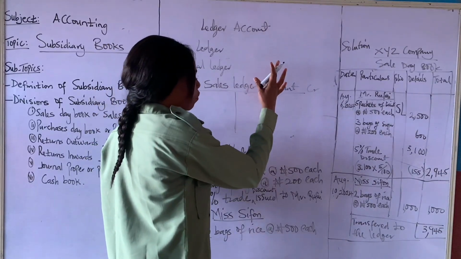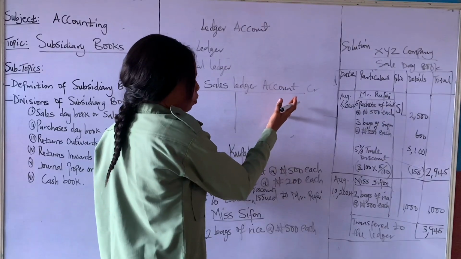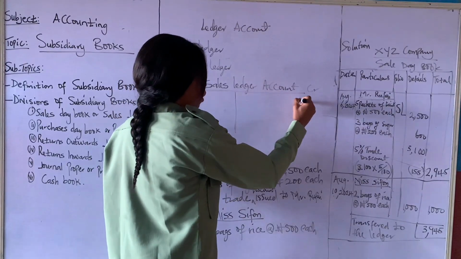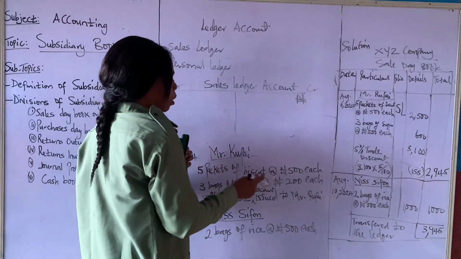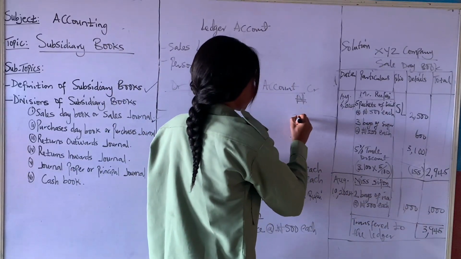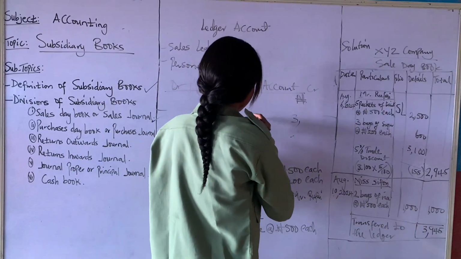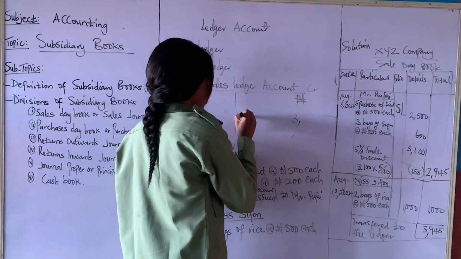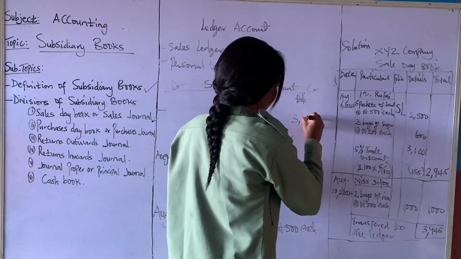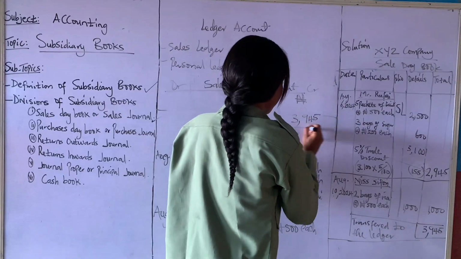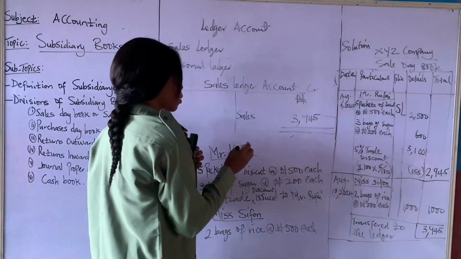So we are giving out value, we have not gotten any value in it. So you now put your naira sign and you fix in the amount. This becomes your sales, 3,945 naira. This is how you present the account.